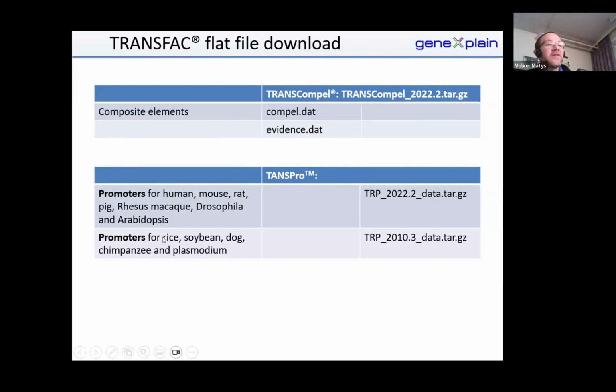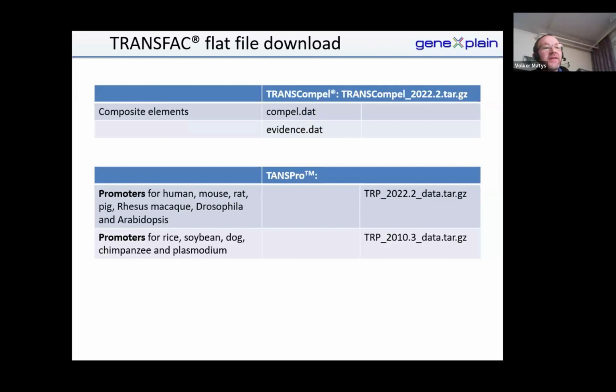So I need to say, although you have these data also in the online version integrated with the TRANSFAC core data, we have two sources for promoter sequences. In the geneXplain platform tools, we use a different source.